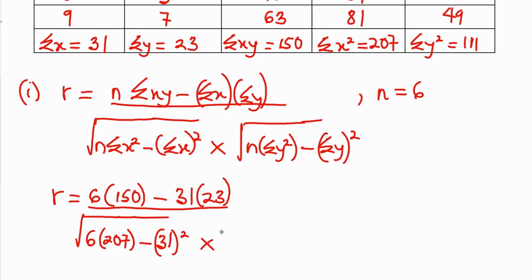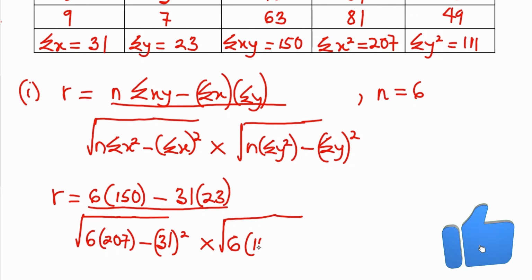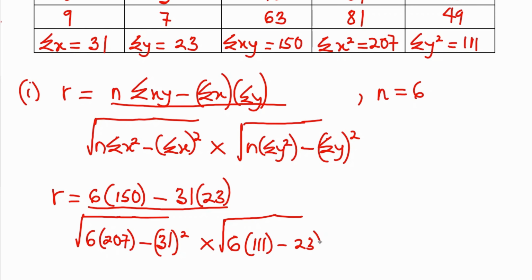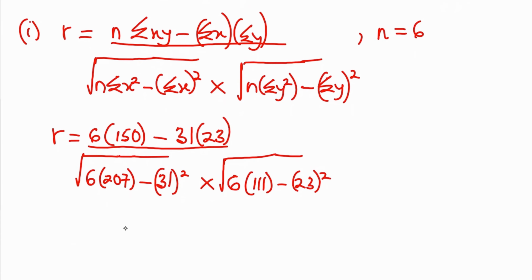Multiplied by the square root of 6 multiplied by sigma y squared. Sigma y squared we realize to be 111, so 111 minus sigma y all squared, that was 23, so that becomes 23 squared. We continue simplifying.